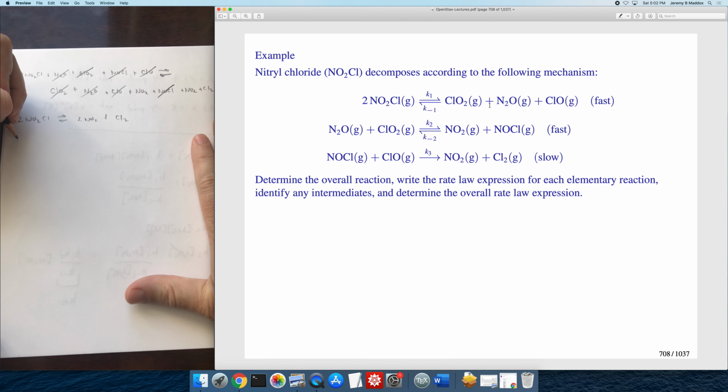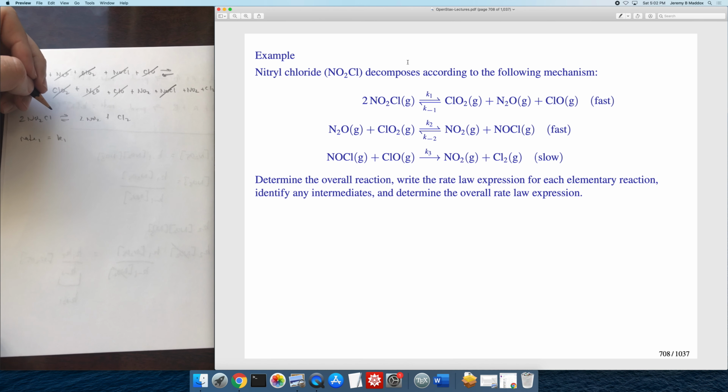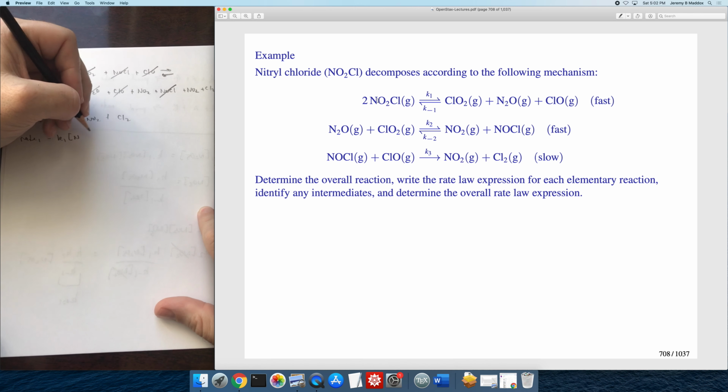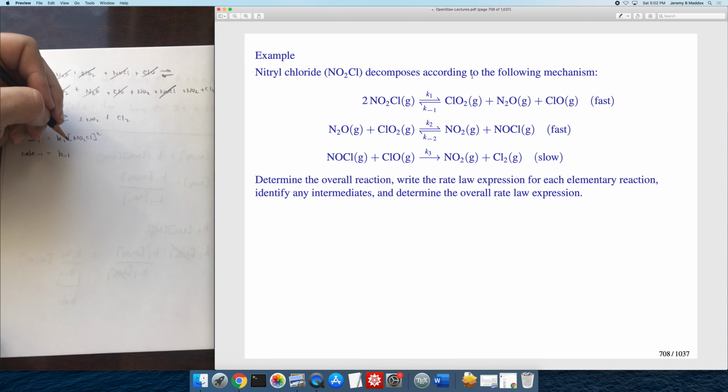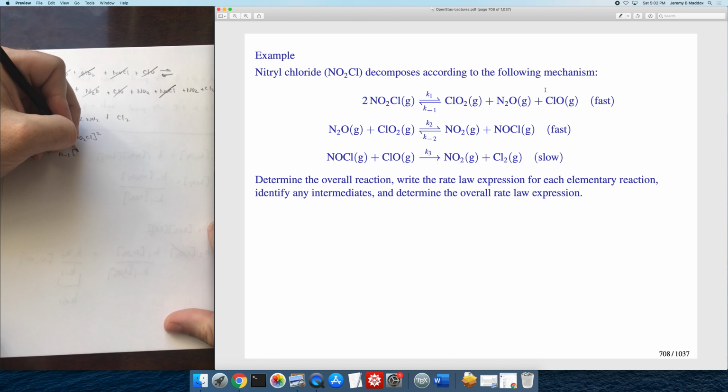The rate for the forward step is going to be the rate constant. We see that it's bimolecular type 1, so we're going to wind up with NO2Cl squared. We can also do the reverse step. Rate minus 1 will be the reverse rate constant. Here we see that this is a termolecular reaction going in reverse.